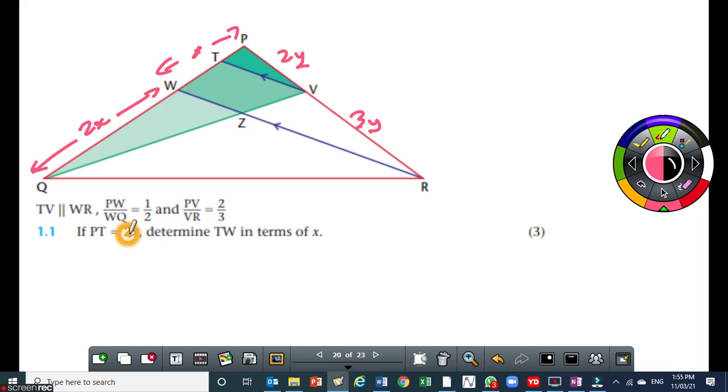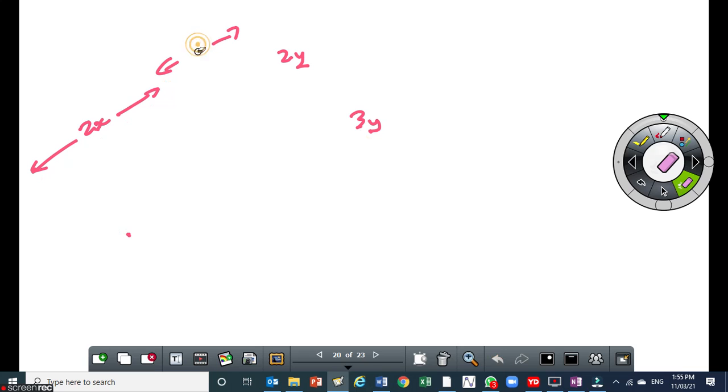Since the question itself is using x, I have to change this 2x and that x to another letter. So I'm going to change this to k, because x was already used in the question. You get what I'm saying? So we change this.